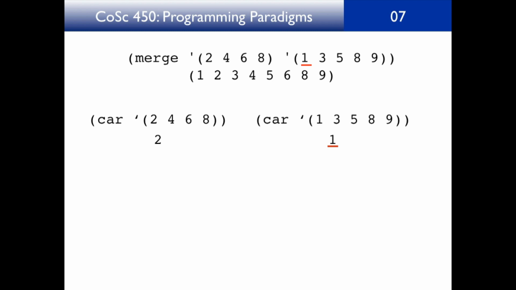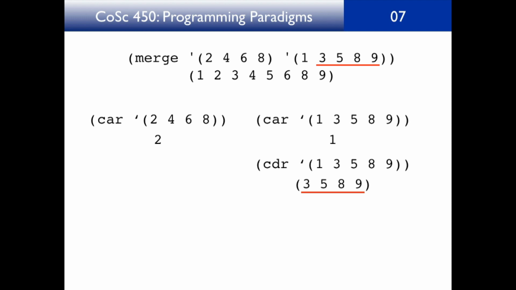We're going to cons the 1, but now what are we going to be working with? We cons the 1, but what do we cons it with? We merge. What do we merge? List 1, but we merge list 1 with the what? With the cooter of list 2.